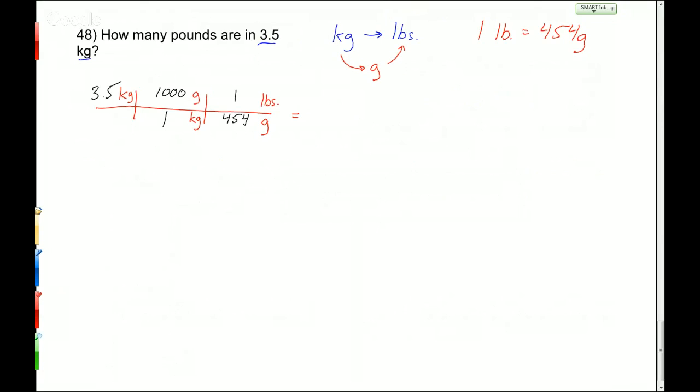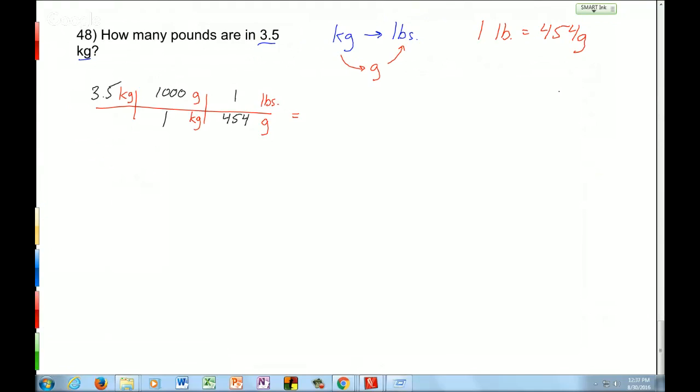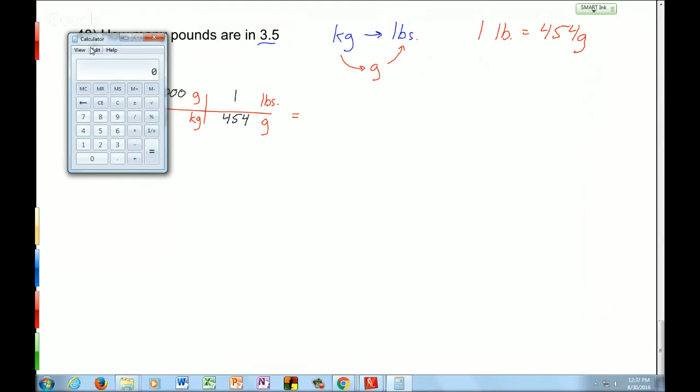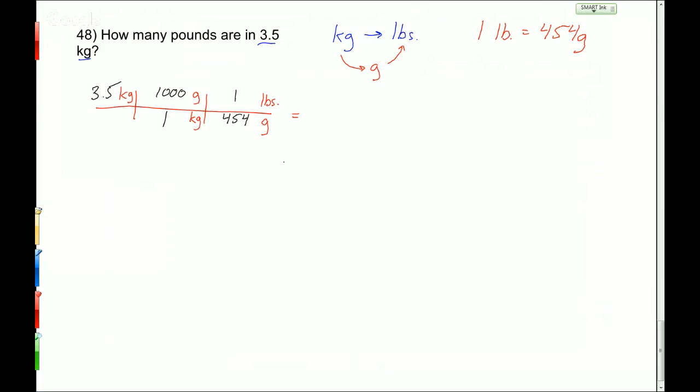That's the number that we're given. So to solve the problem, we multiply by everything on the top and divide by everything on the bottom. So 3.5 times 1,000 divided by 454. And we get 7.7 pounds.